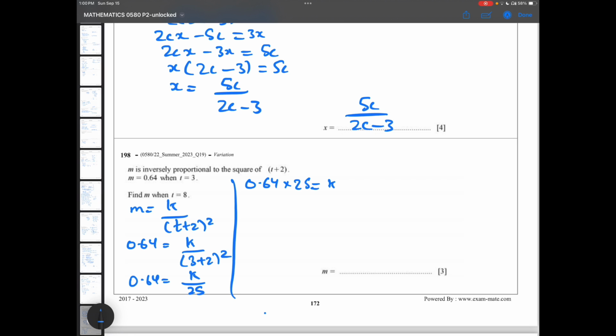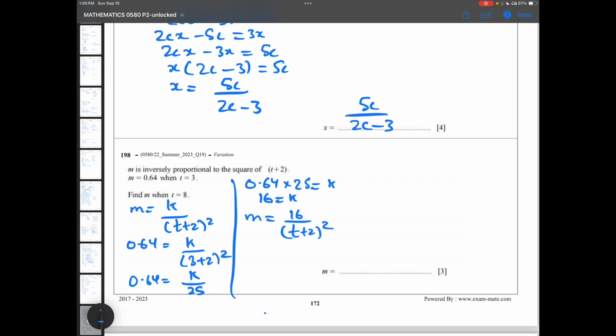Now 25 multiplied by 0.64, and we get 16 is equal to k. Now the equation becomes m is equal to 16 upon t plus 2 whole square.